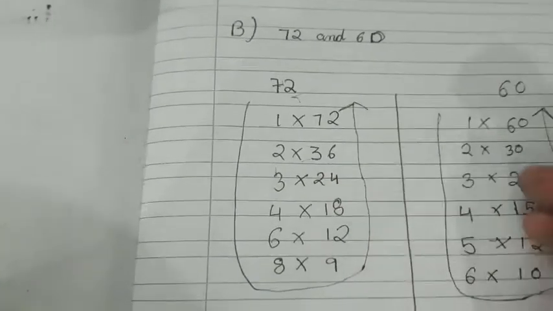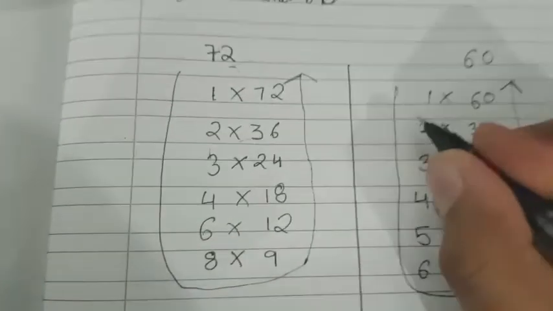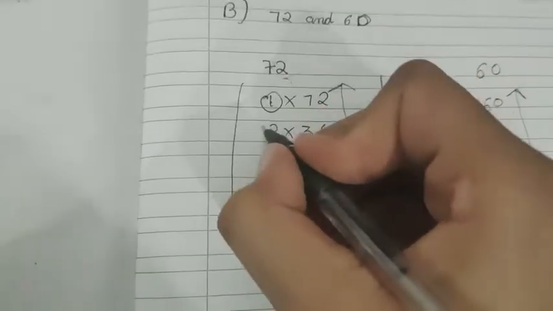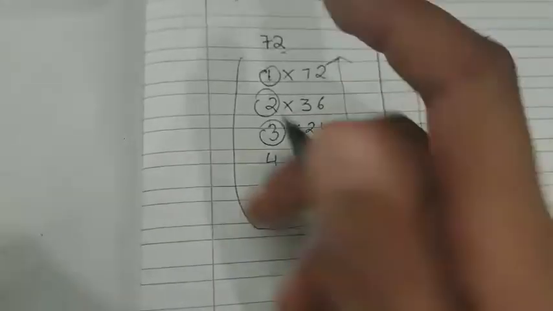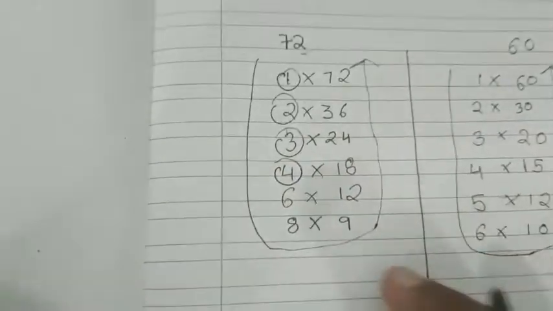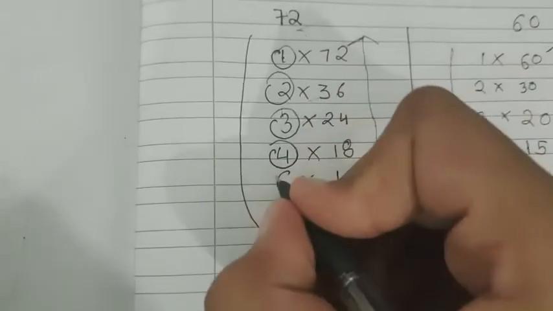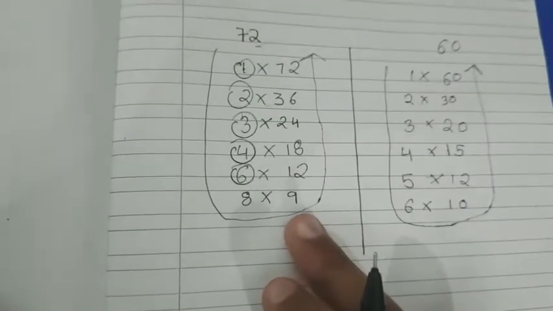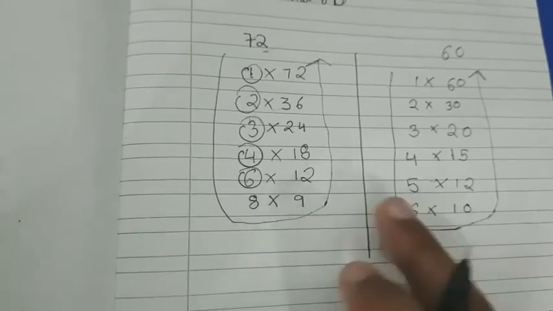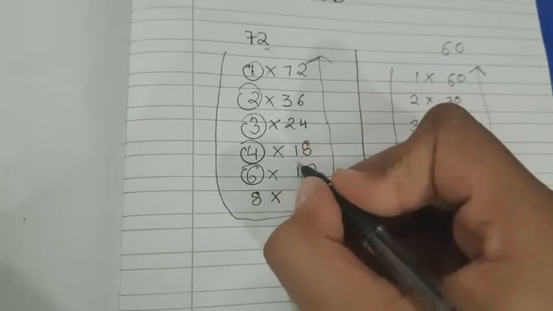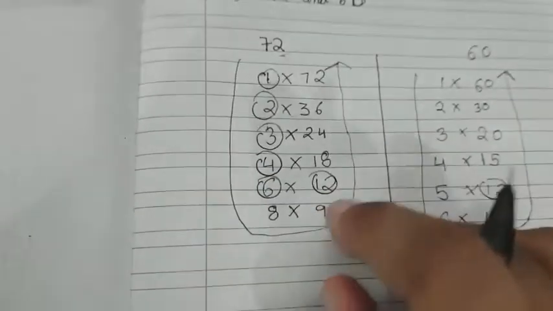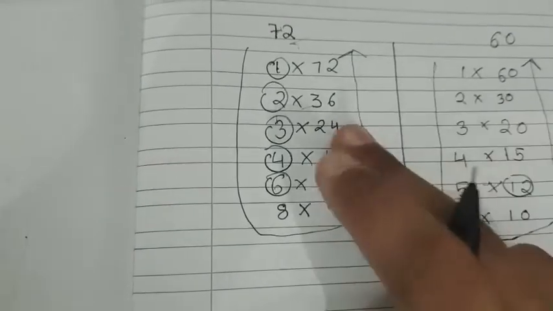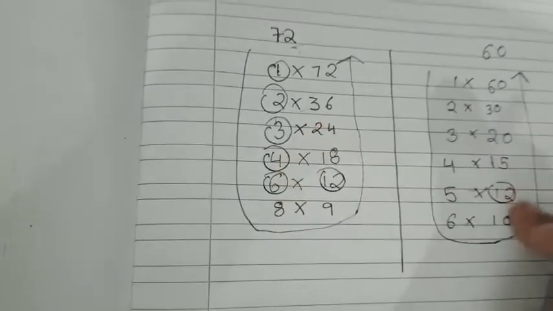And now we will circle the common factors. 1 and 1, I'll circle one side only. 2 and 2, then 3 and 3, then 4 and 4, 1 2 3 4, then 6 and 6, then 8 but not there, 9 but not there, 12 yes, then 18 but not there, 24 but not there, 36 but not there.